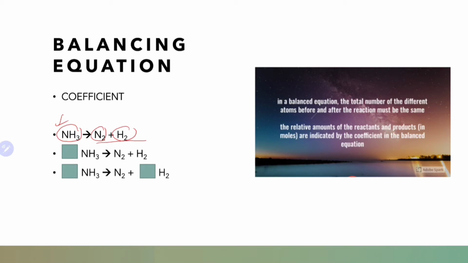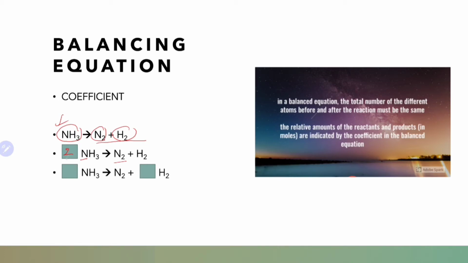To balance this equation means that we have to make the number of each atom the same on the left hand side and on the right hand side. Firstly, we check the number of nitrogen, only 1, but on the right hand side we have 2 nitrogen, so we can multiply this by 2.